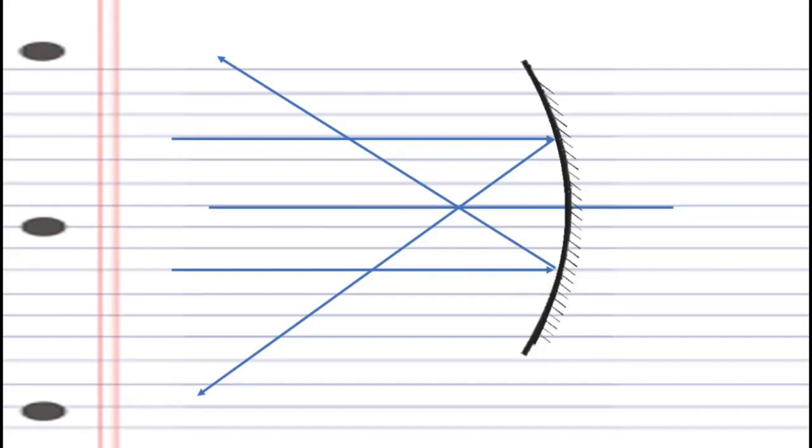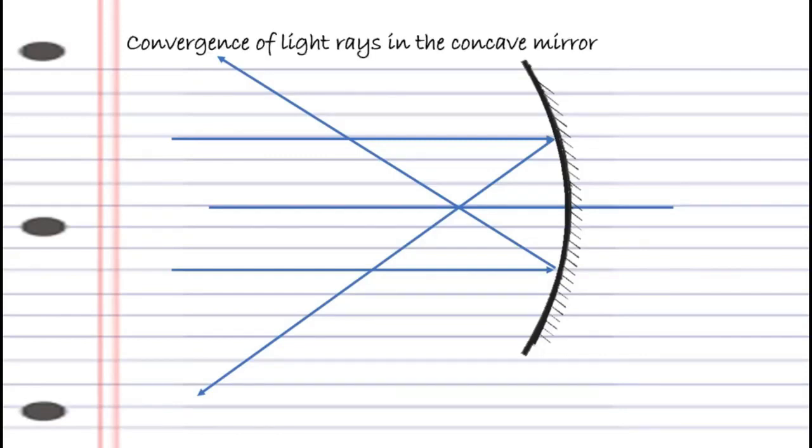Right? Now, this is the diagram for convergence of light rays in the concave mirror. You can draw only two light rays, not so many light rays as it was shown in the animation.